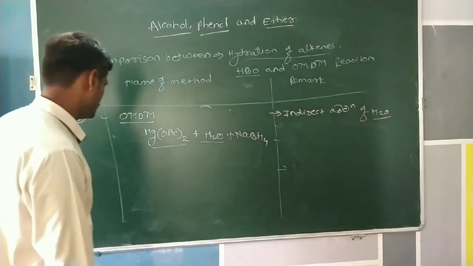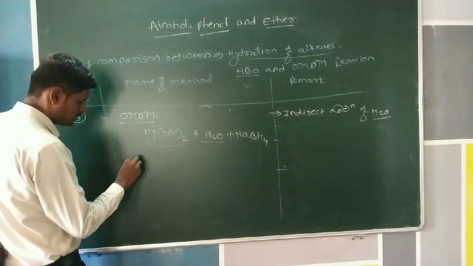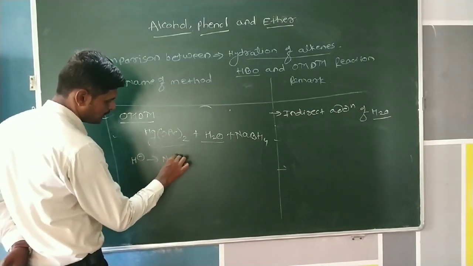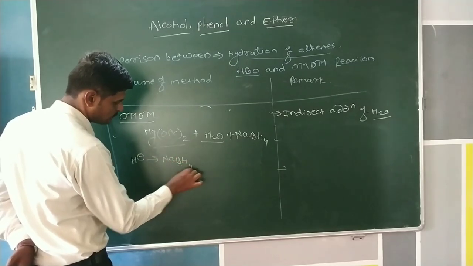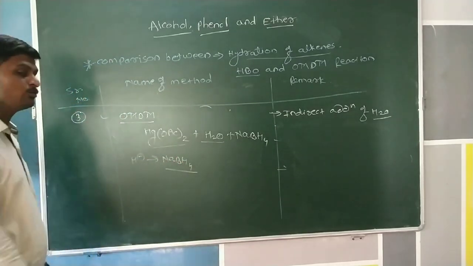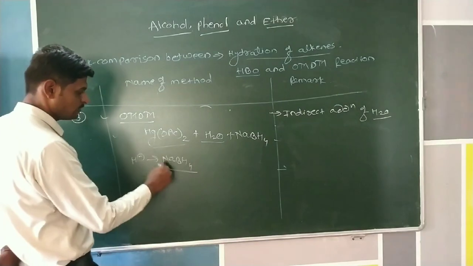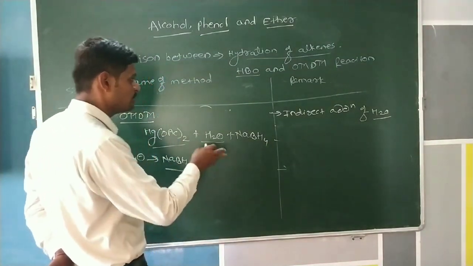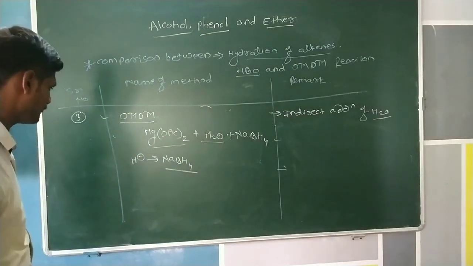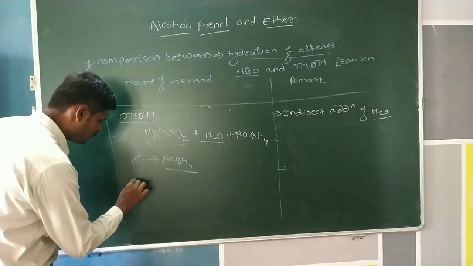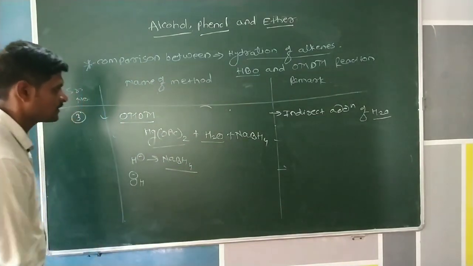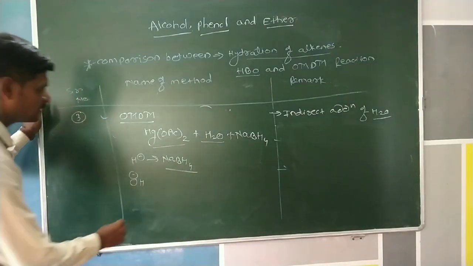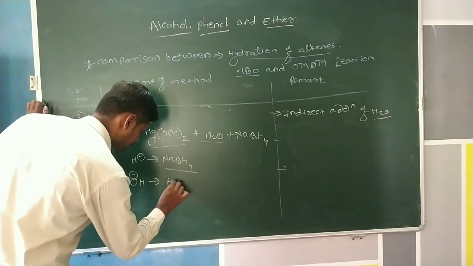The H minus of this water molecule comes from sodium borohydride, because sodium borohydride acts as a reducing agent, and because of this it donates the H minus, the hydride, to the electron-deficient species. Then the OH minus comes from the water.